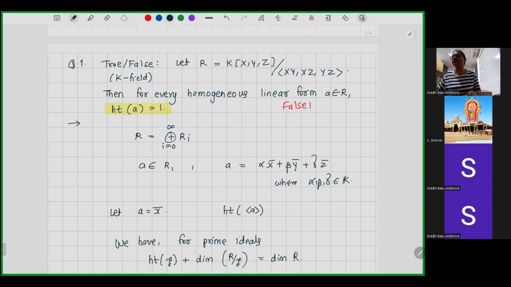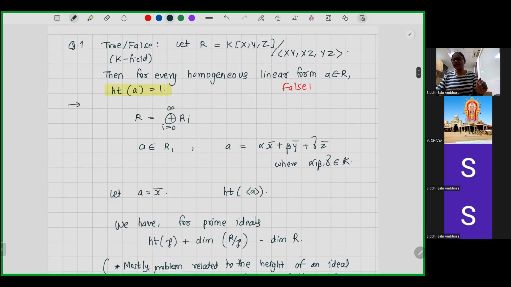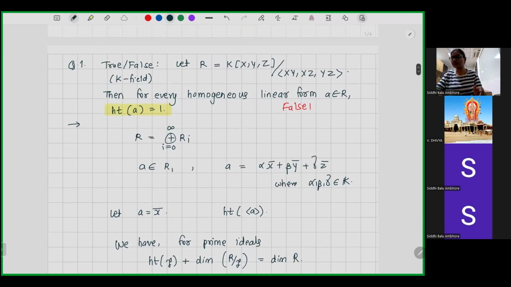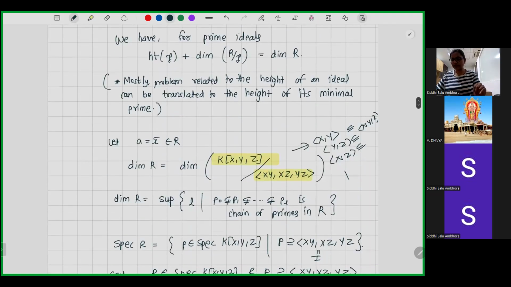Any doubt here? What we are doing is just calculating heights of elements and dimension of the ring. We have done that so many times. Since this was a monomial ideal, it was easier to calculate the minimal primes, because we could decompose and so on. So is there any doubt?